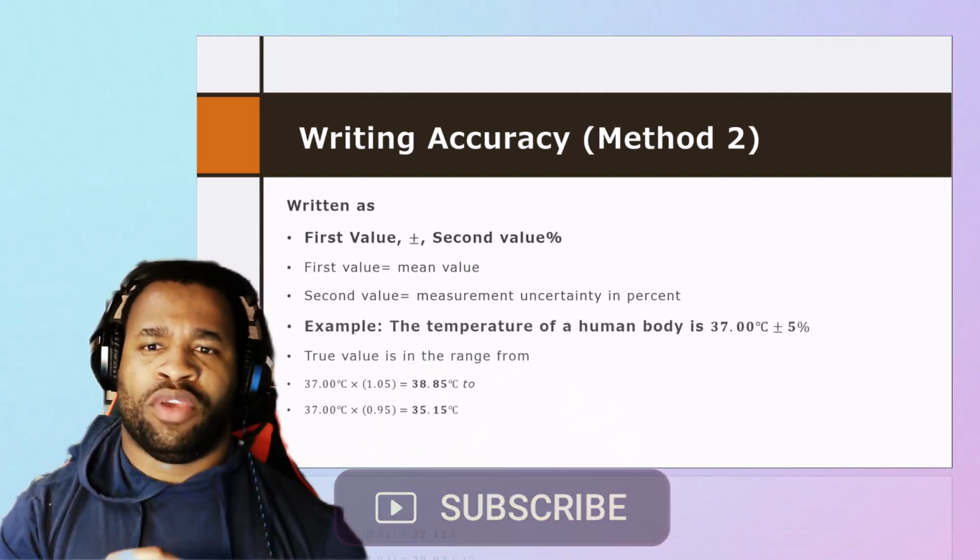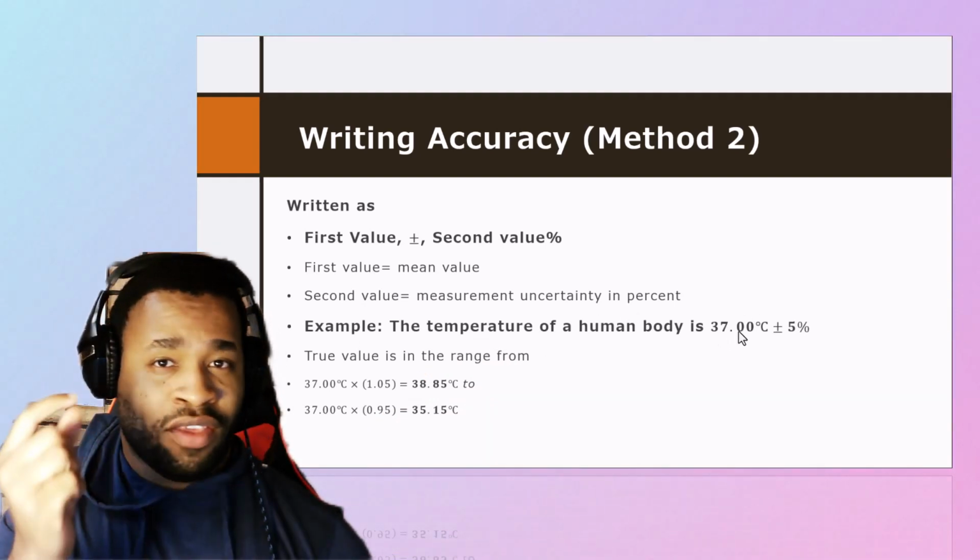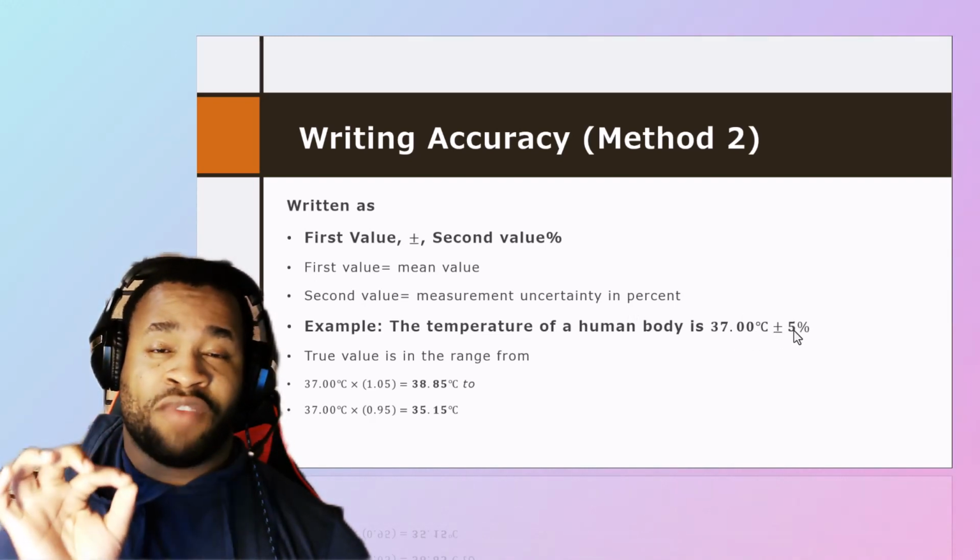Let's take, for example, the temperature of the human body, which is around 37 degrees Celsius plus or minus 5%.